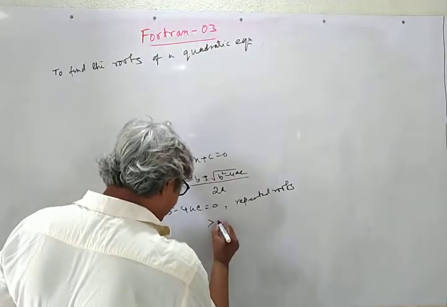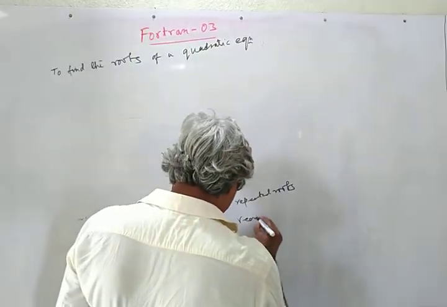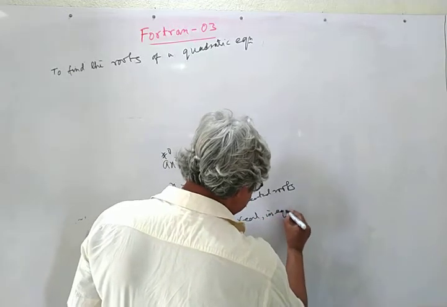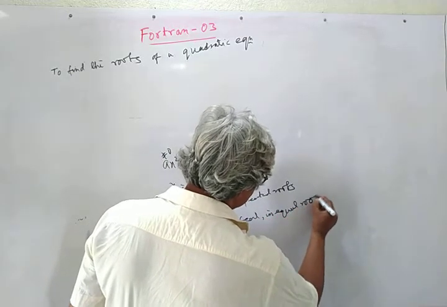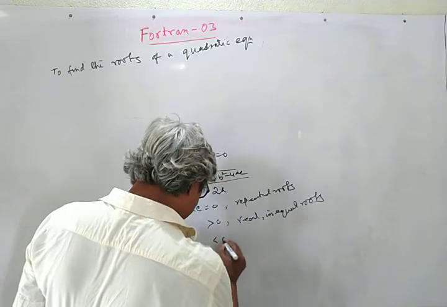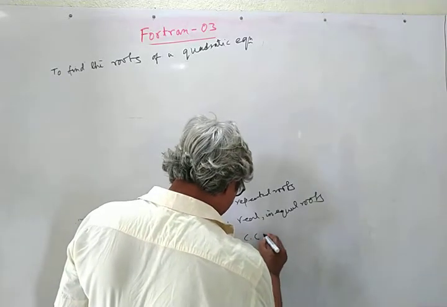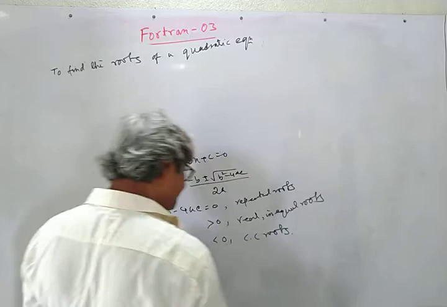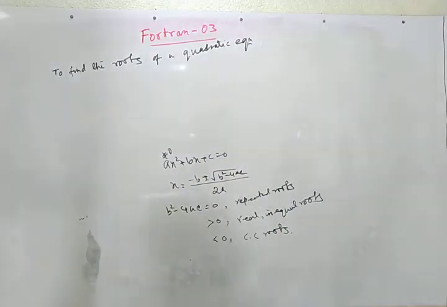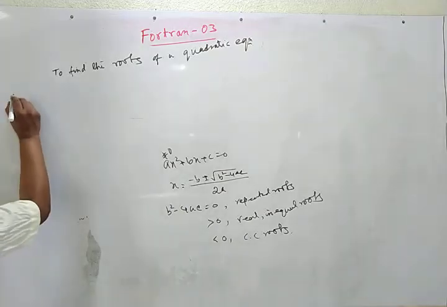If this is greater than 0, real unequal roots. And if it is less than 0, complex conjugate roots. This is the theory behind this. So we start writing the program.